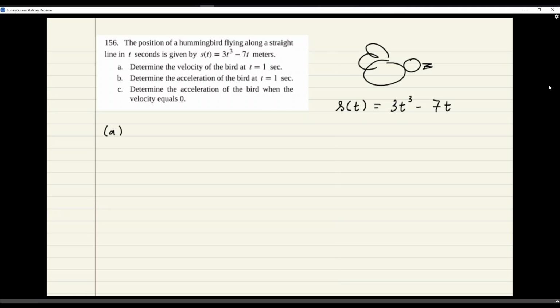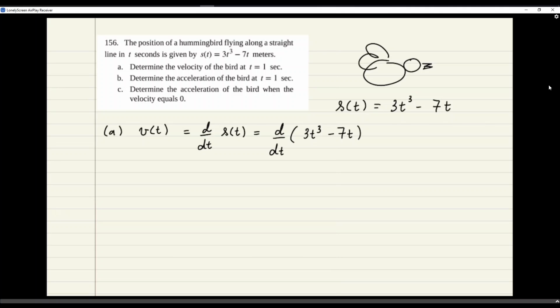So we know that velocity is the time derivative of the position function. So first, we have to take the derivative of 3t³ minus 7t.